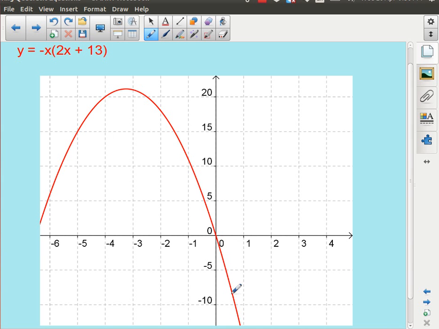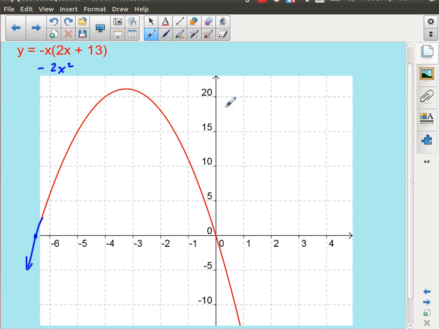This might be a harder one to figure out, but if you take a look, we've got a 0 at 0. We have another 0 at -13/2, which is -6.5, which is about there, so that's correct. It is -x times positive 2x squared, so overall that's going to be a -2x squared, so it opens down. So this is our parabola.